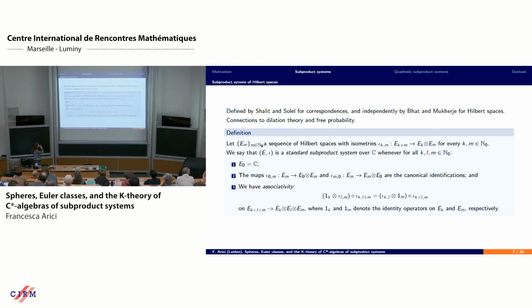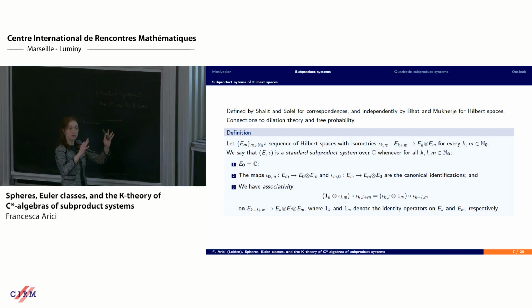And we call a subproduct system standard, and this is a notion that you can give only for Hilbert spaces, when E_0 is the complex numbers, so that the maps obtained by embedding E_m into E_0 tensor E_m, which again is E_m because you're tensoring with C, are just the canonical identifications. And then there is this associativity kind of condition, which basically tells you that if you start with something in E_{k+l+m}, then there are two ways in which you can map it into the triple tensor product E_k tensor E_l tensor E_m.